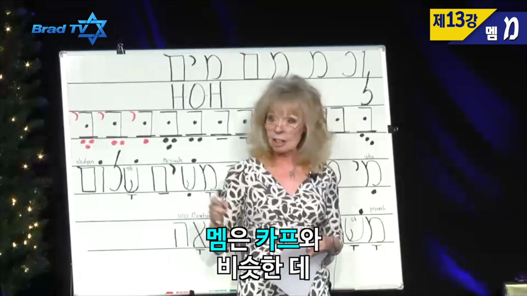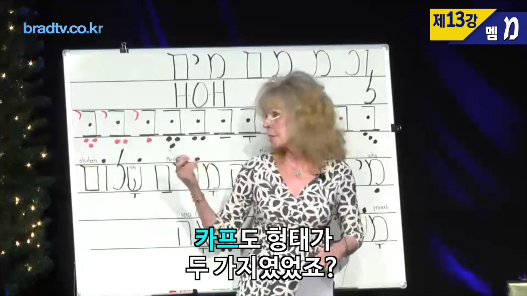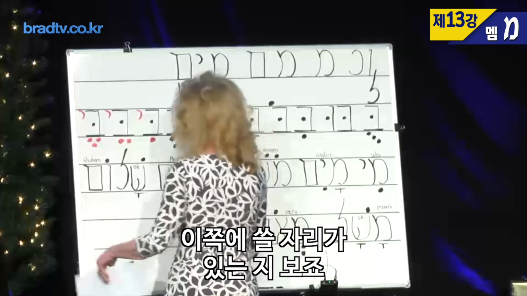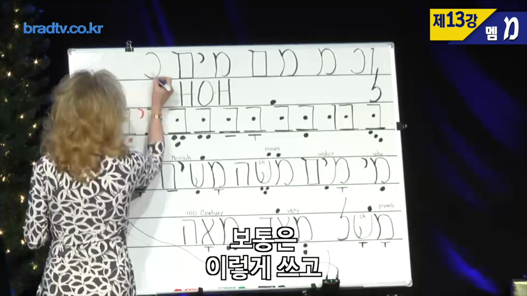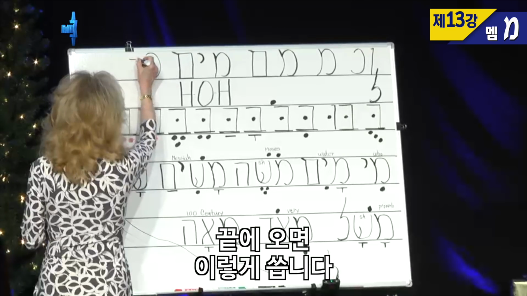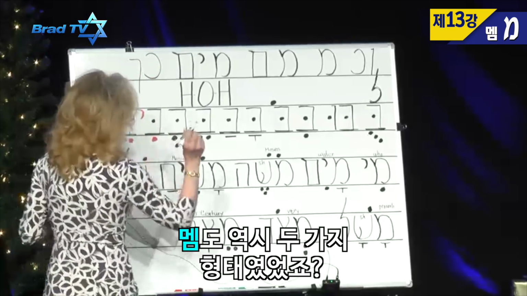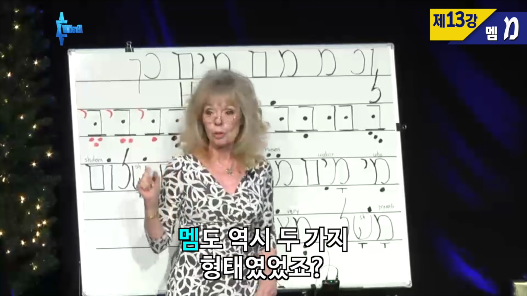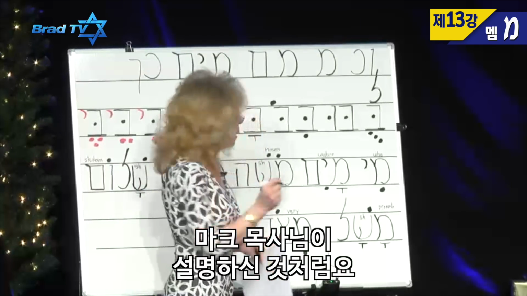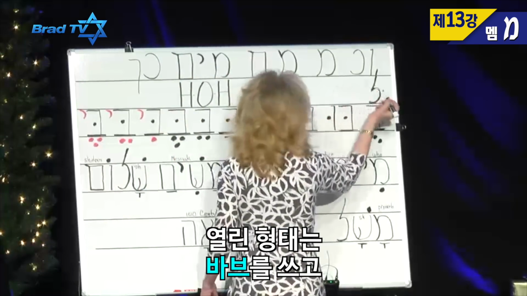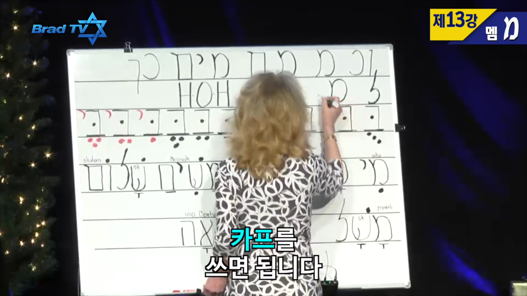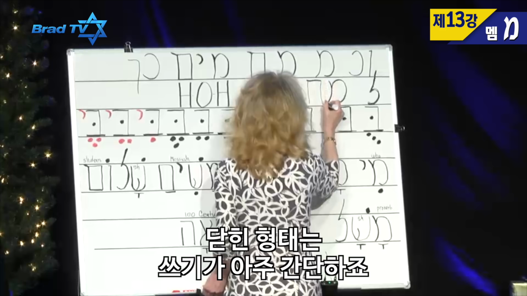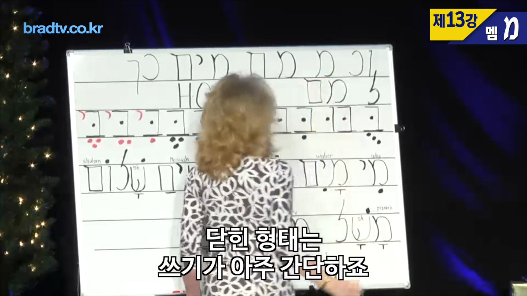Mem, like the kaf, remember, has two forms. Do you remember the two forms of kaf? Let me see if I have room here to write them. This is the kaf, and this is the final form, okay? Mem also has two forms, as Pastor Mark has explained. It has the open form, and so we write the vav, and we come around with the kaf, and it has the closed form, which is super simple to write.